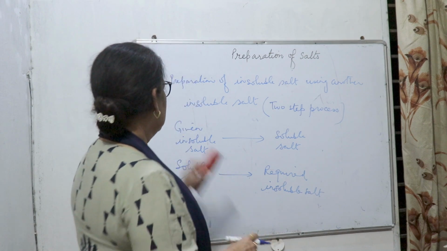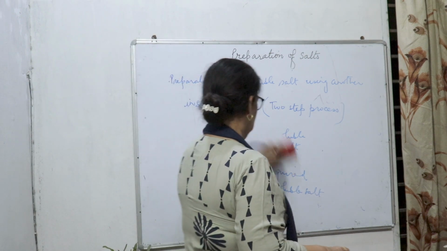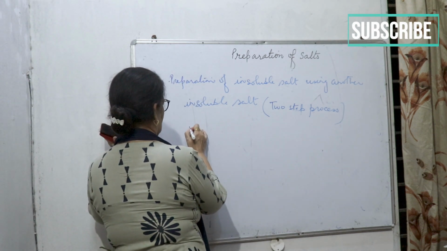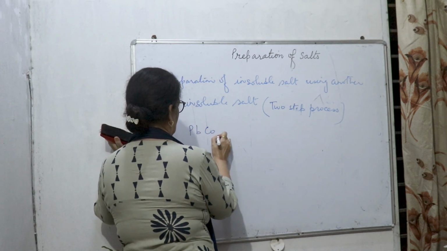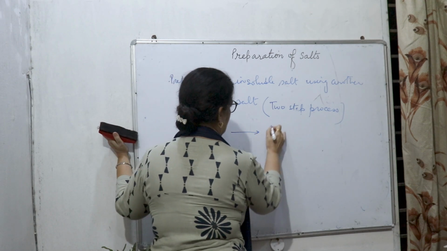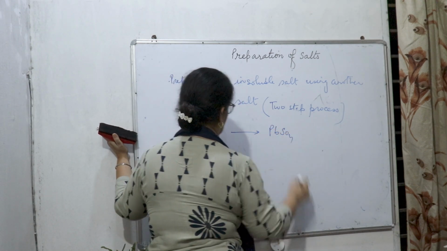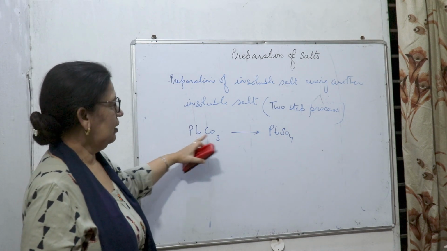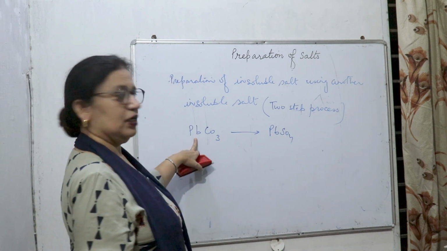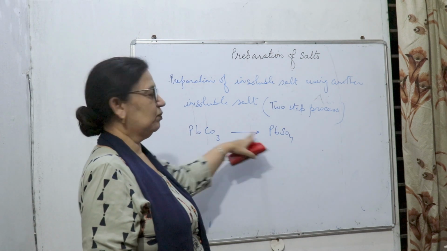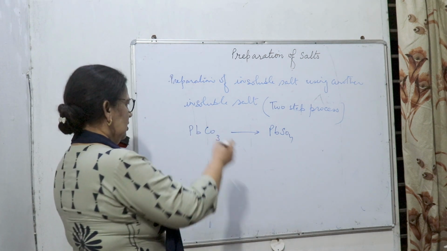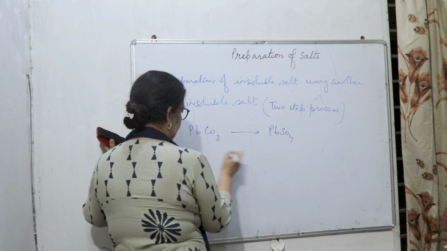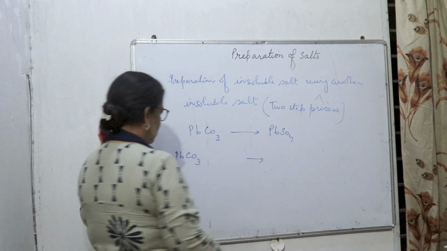Let us do one example, that we have to prepare lead sulfate using lead carbonate. We know that both are insoluble salts. So first of all, we'll take lead carbonate and convert it into soluble salt.